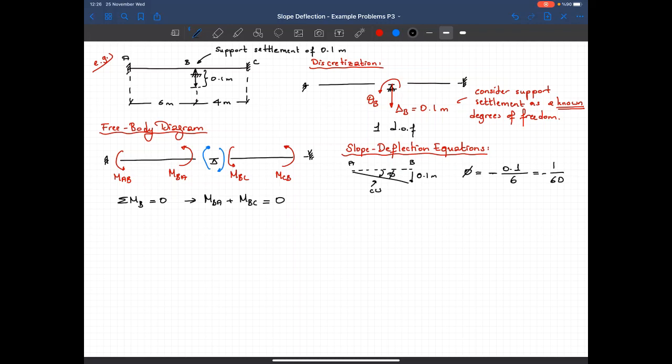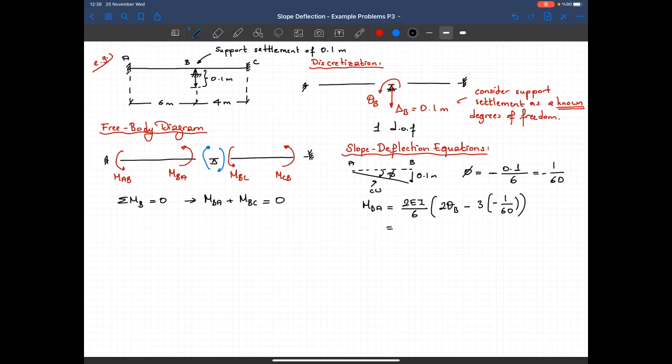So moment BA will be then equal to 2EI over 6, theta A is equal to 0. I got 2 theta B minus 3 times minus 1 over 60. And there's no fixed end moment.